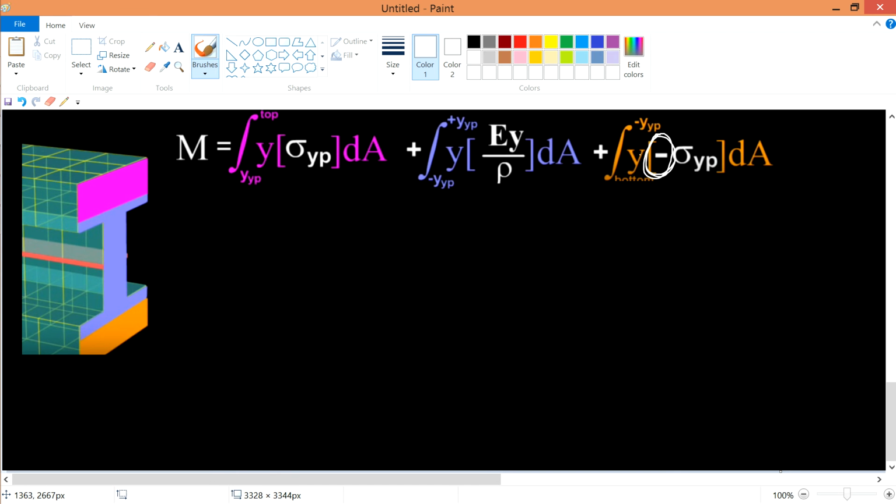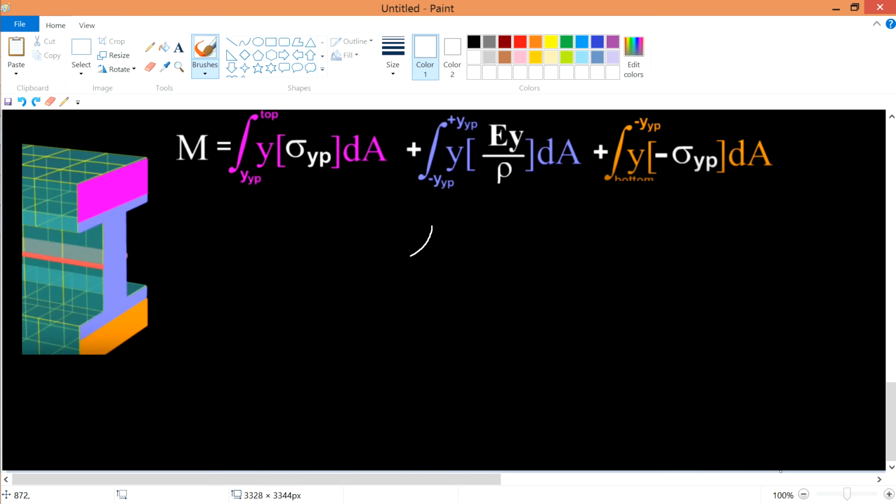The total moment carried by the section is the sum of these three contributions. And you may wonder, why do you have this negative over here?